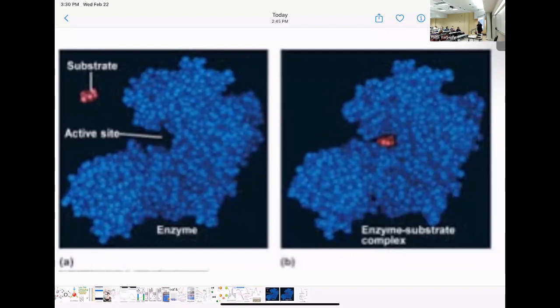Then once the products are made, they are shot out of the active site, and you're left with the enzyme inside. So an enzyme is just our biological catalyst. It all depends upon what reaction we want, what this composition has to be.